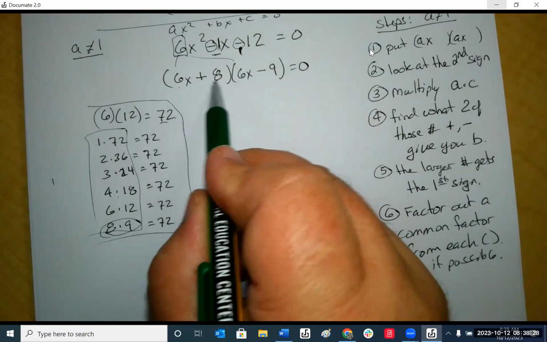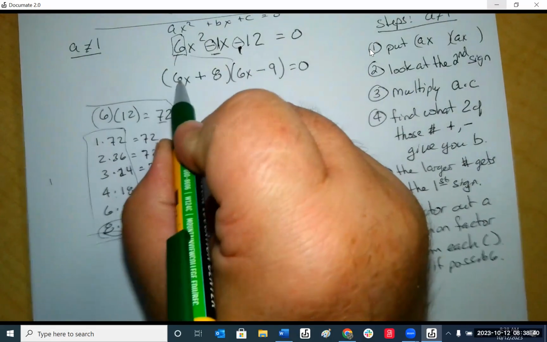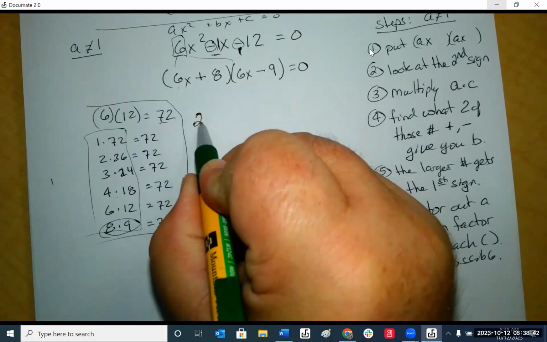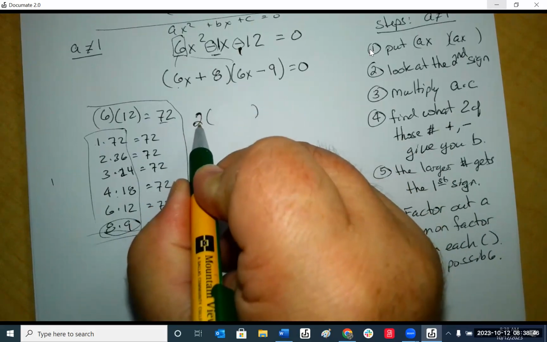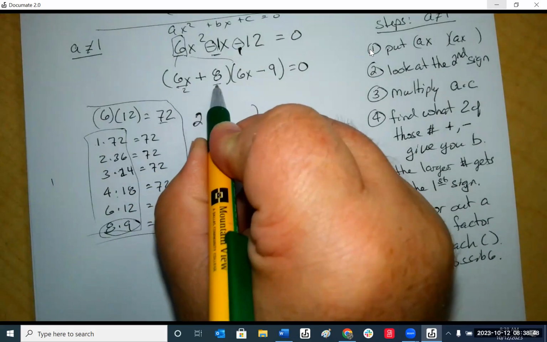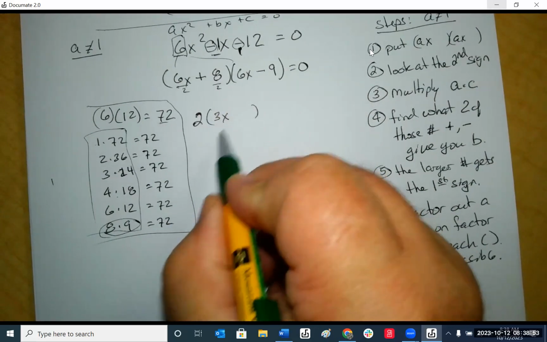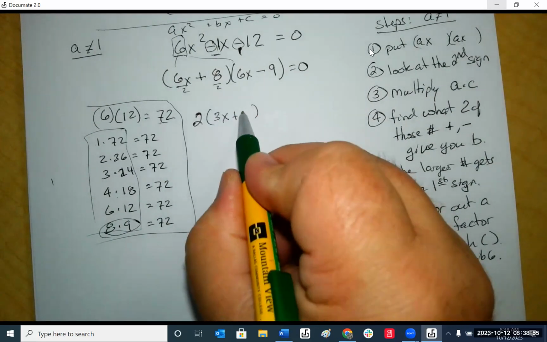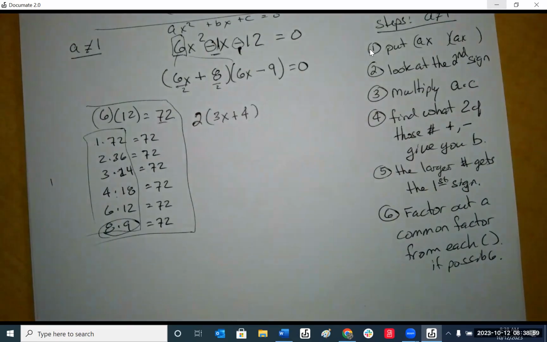What do 6 and 8 have in common? Yes, they both have a 2 in common, so I take out a 2. To tell you what goes inside there, since I factored out the 2, I divide each of these by 2. 6 divided by 2 is 3x. 8 divided by 2 is 4. Since I took out the 2, I divide them.